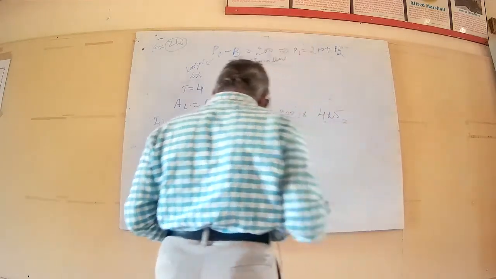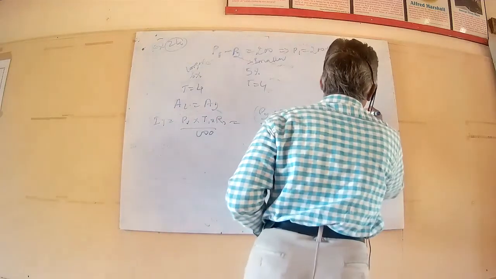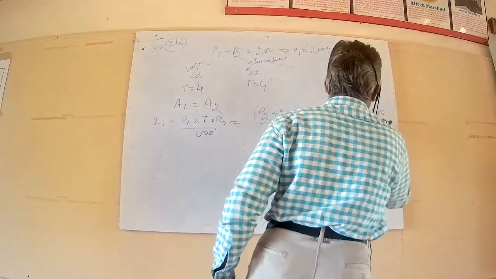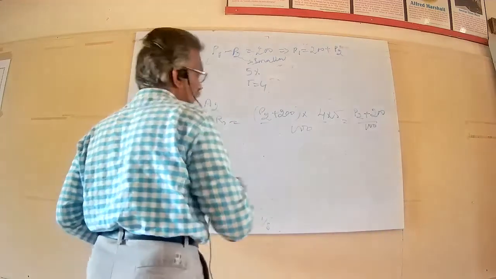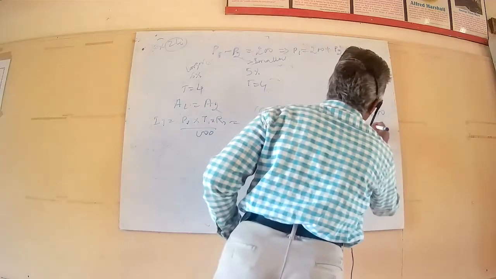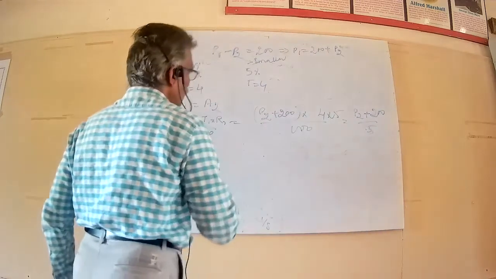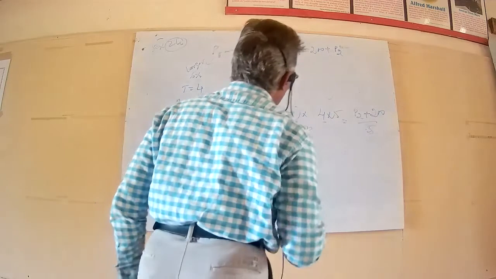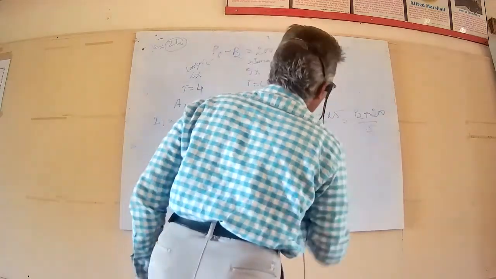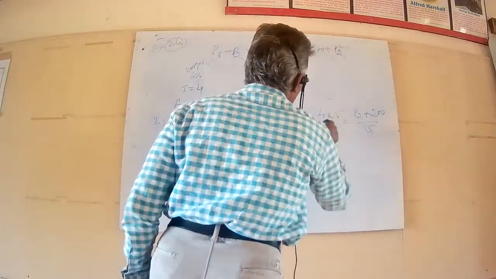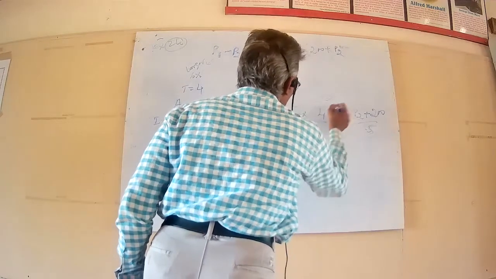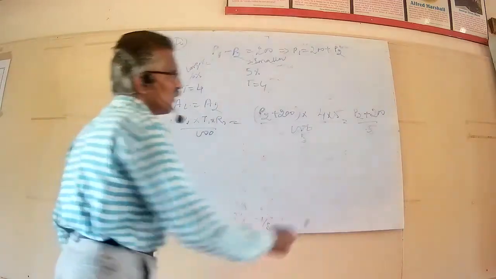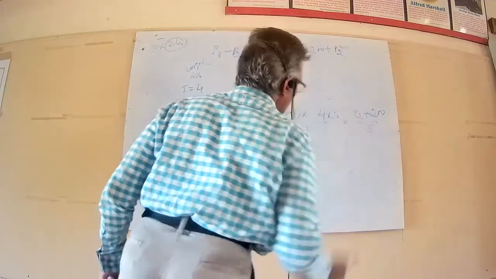That gives you P2 plus 200 divided by 5. Look at how this works out: 20 into 1, 20 into 5. So this is P2 plus 200 divided by 5.